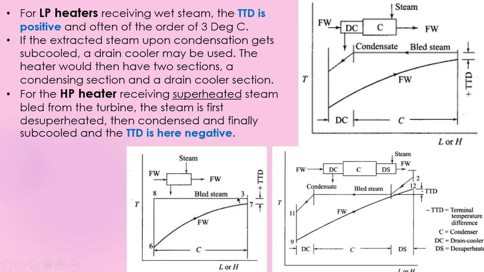So from this you can see that the feed water outlet temperature is less than the bleed steam. That means TTD is positive, and often it is of the order of 3 degree centigrade.